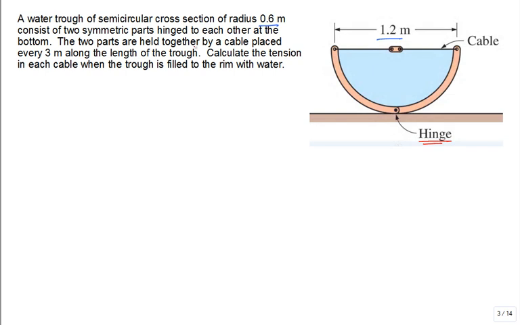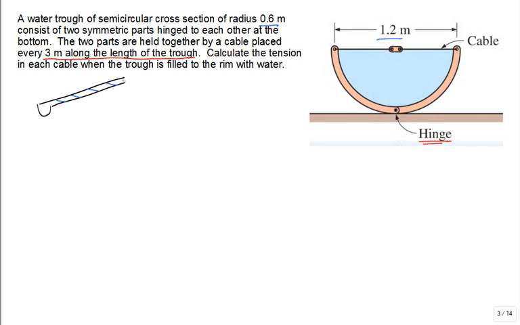The two parts are held together at the top by a cable placed every 3 meters along the length of the trough. Try to look down the length of the trough, maybe sketch it, to get this perspective. There's the trough, there's the length of the trough, and every 3 meters is a cable, a cable, a cable.